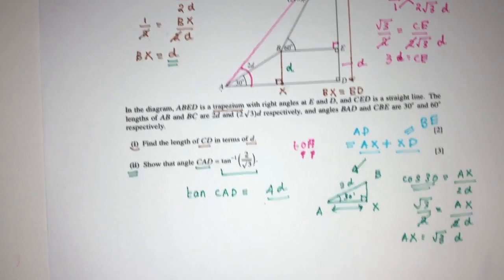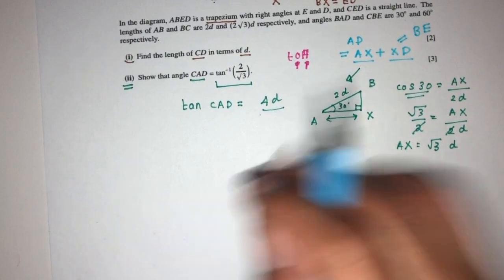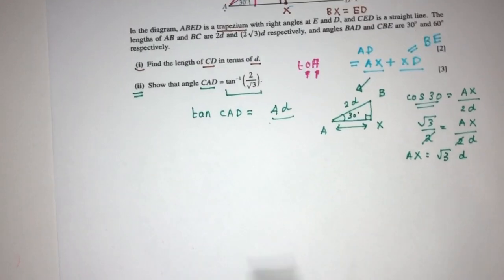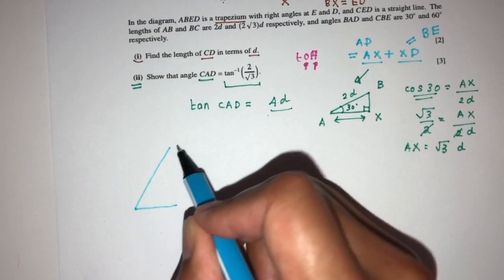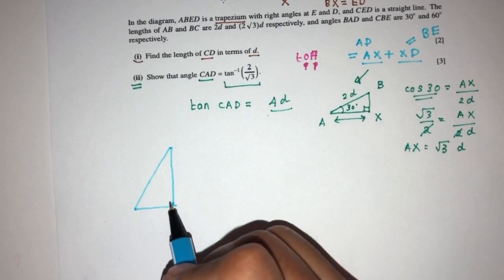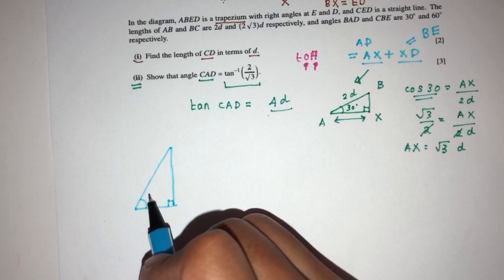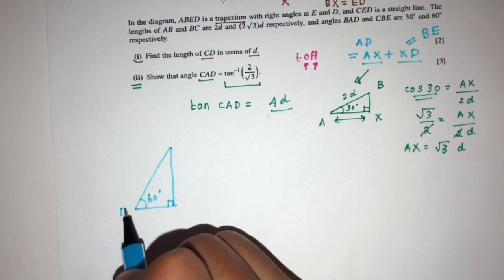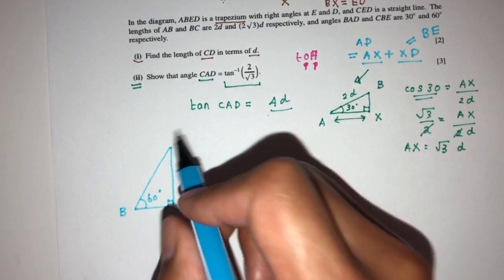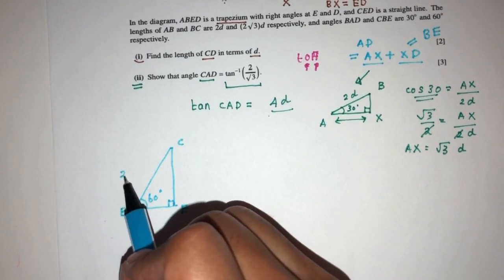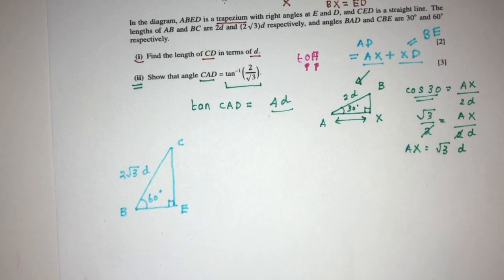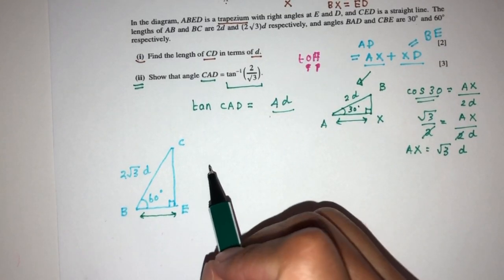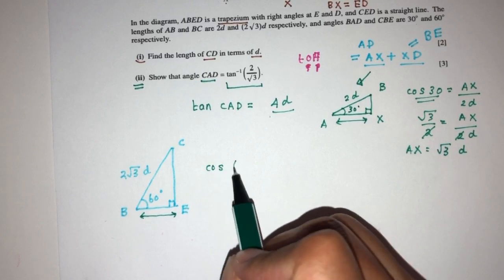So let's do that. So BE, by taking out this big triangle now, so I have this big triangle outside, on top, that will be 90 here, that will be 60, that will be B, E, and C. This is 2 root 3 D. Okay, and what else do I know? I need to find this one. So again, I will take cos of the angle.